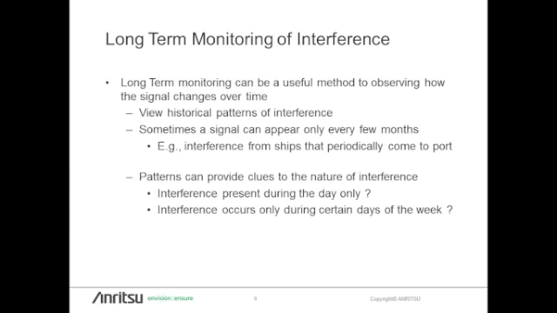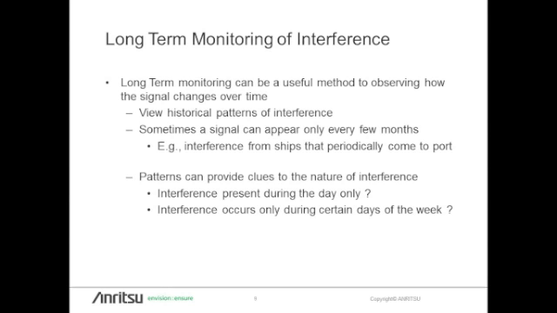And so one of the things I mentioned is long-term monitoring. You can look at tools where you can view the historical pattern of interference. So one example is you leave this system out over many months, and you can identify something that may be periodic over a long time duration. One of these things we've seen is actually quite prevalent is that if you're looking along the sea coast, you see a lot of problems with ships coming in.